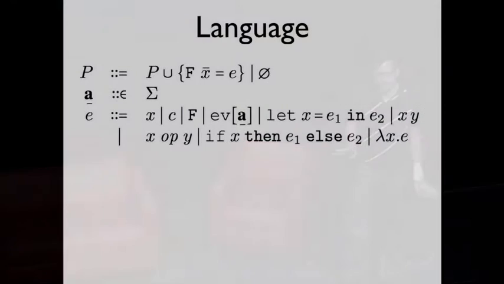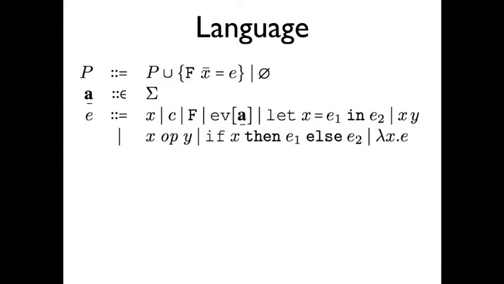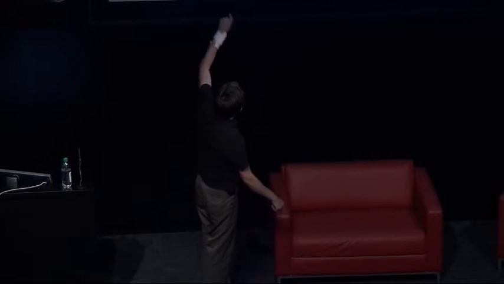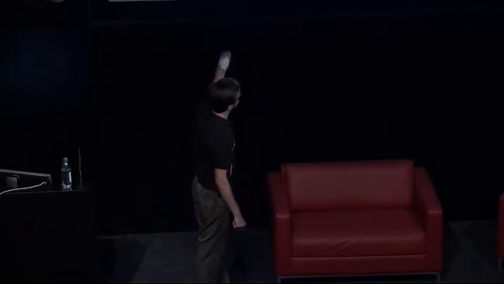So I'll go through a little bit of the formal details without going too deep into them. Here's the language that we used, which just has a number of recursive functions. And there's an alphabet of events, sigma. Here I'm again using this bold font to indicate an event.